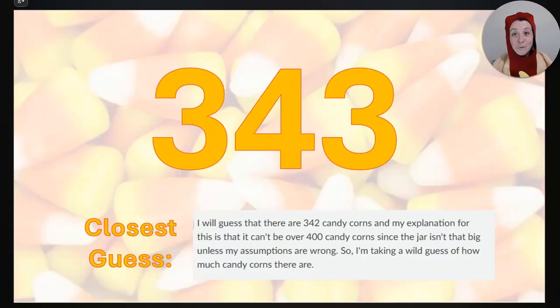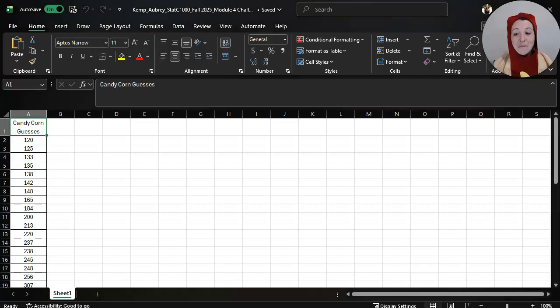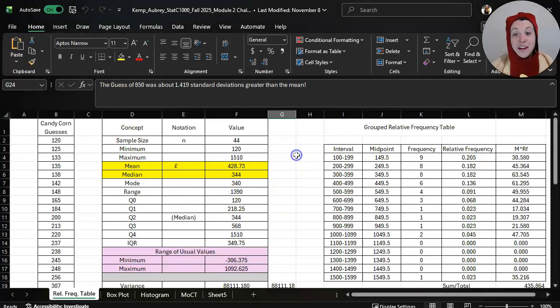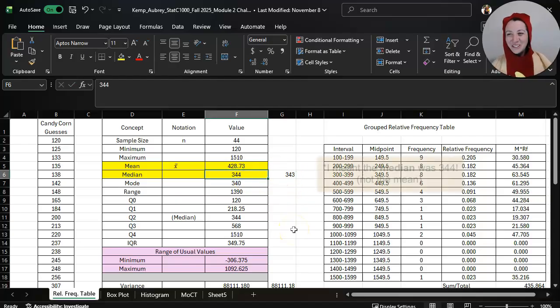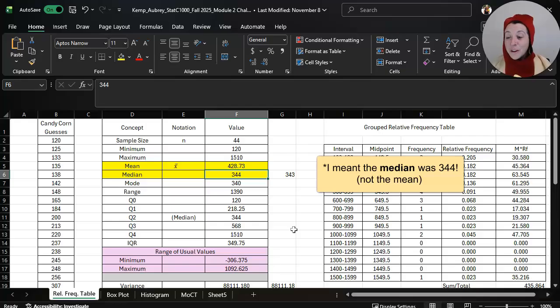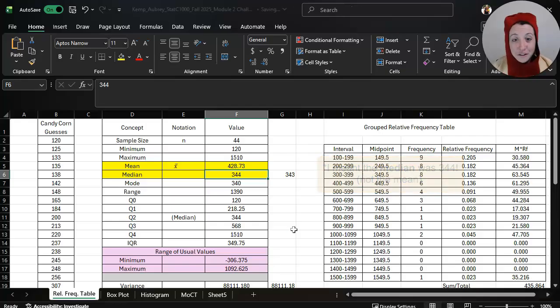So, and then really quick, I just want to bring back up data from our guesses. So the real number was 343. And I want to point out the mean was 344. So if you ever need evidence of the measures of central tendency, we've learned sometimes that the mean, the average, is not the best guess for a data set because we have skewness.